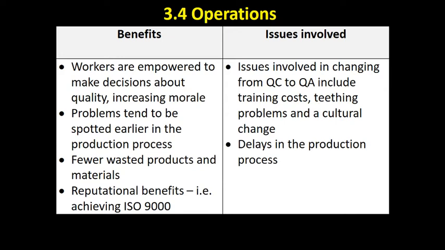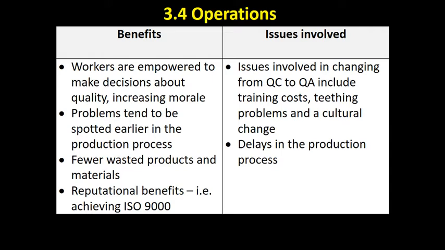So what are the benefits of empowering workers to be responsible for their own quality decisions? Well, under the system of quality control, quality is the responsibility of the inspection and the inspectors and the inspection team.